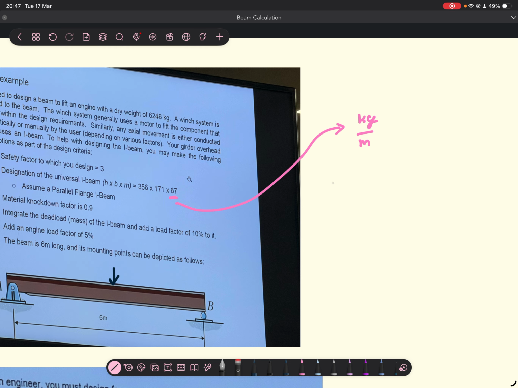Reason why you would probably go for linear density as opposed to normal density is because it's only dependent on the length of your section. So when picking out standard steel sections, the height and the base are basically locked. The thing that you change in your design is the length of it, right?